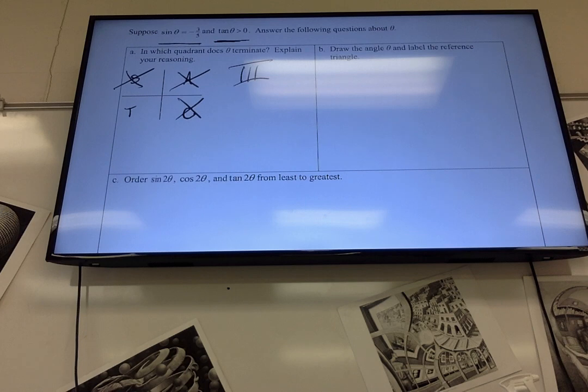Draw the angle and label the reference triangle. Okay, so it's in the 3rd quadrant. Here's my angle, called theta. Sine is negative 3/5.